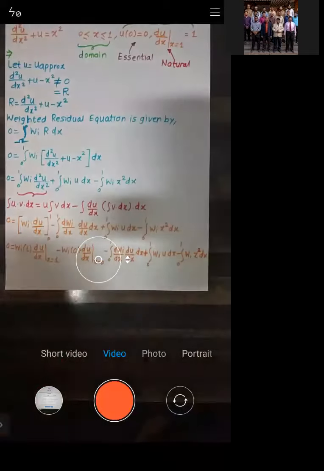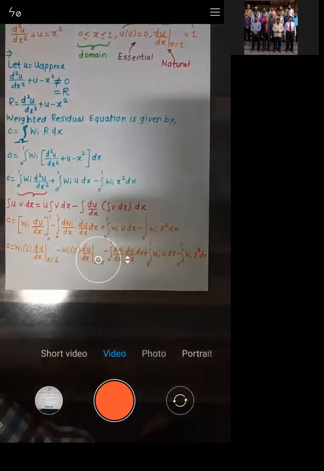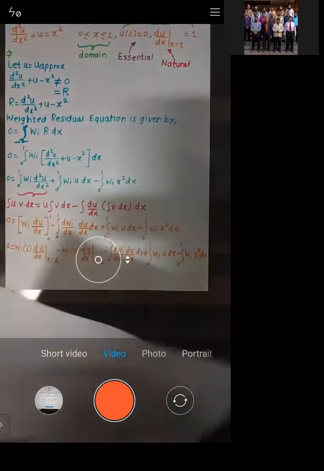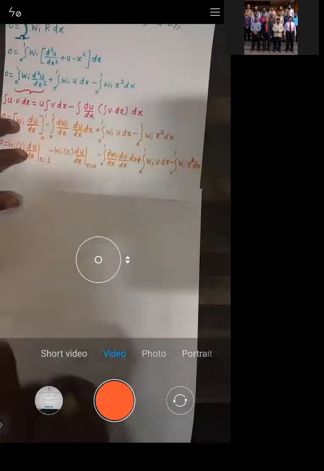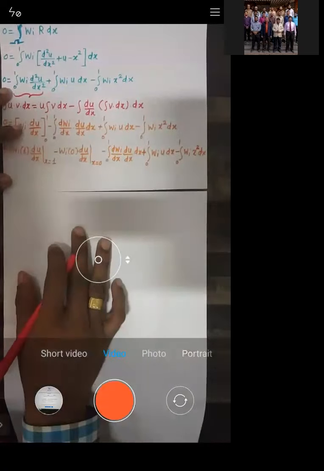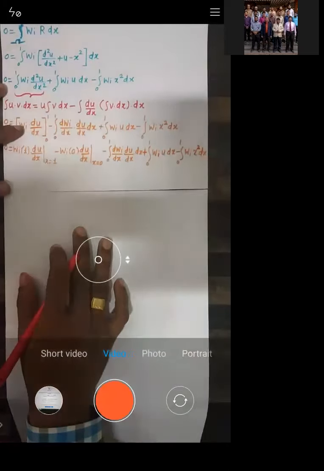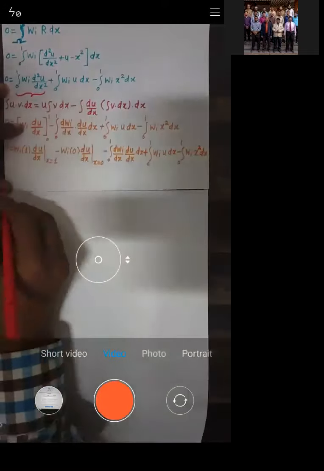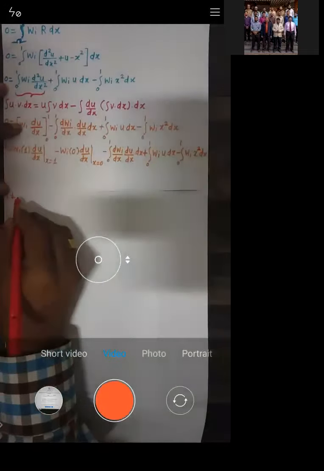Yes, sir. Okay. So now we have reached this equation, and there are multiple terms. Our interest is to eliminate the applicable terms. One statement I told you in the last lecture, if you can go through the previous lecture.